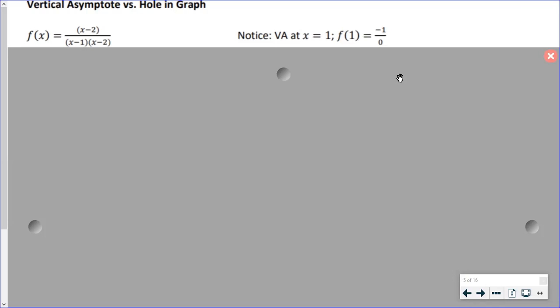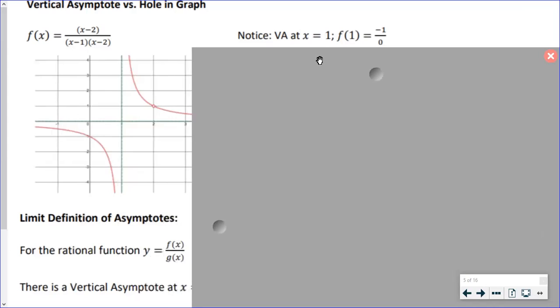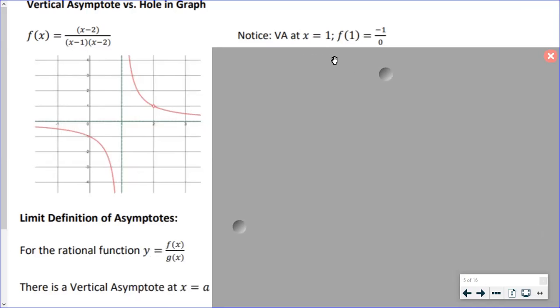You're expected to do that. But in this particular case, we know from the factoring that there will be a vertical asymptote at x equal to +1, so x cannot be equal to +1. And at +2, there's something different going on.